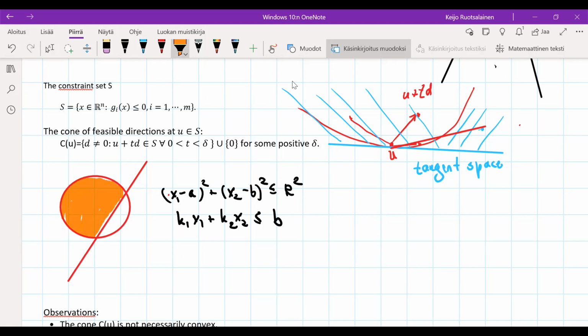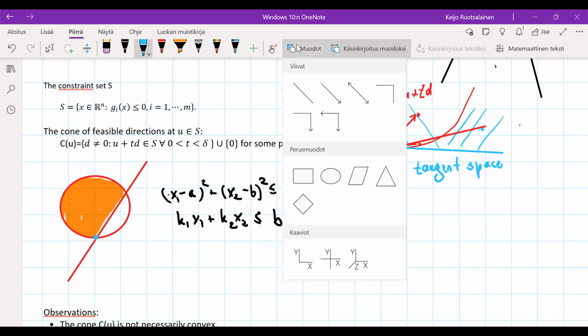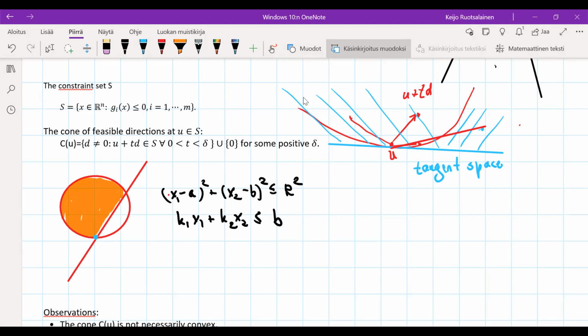Now, if I take, for example, the point I denote with the blue dot here, what is the convex cone here, or the cone of feasible directions? If I approach this point from the left, so to speak, I have a tangent line there, so I can draw the tangent something like this.